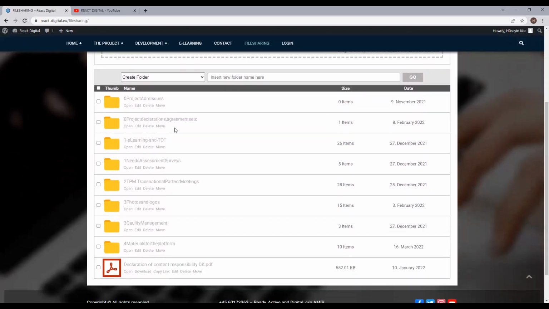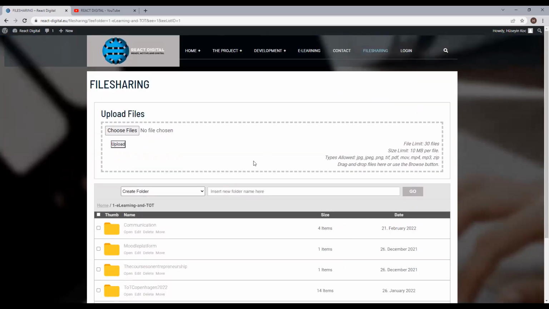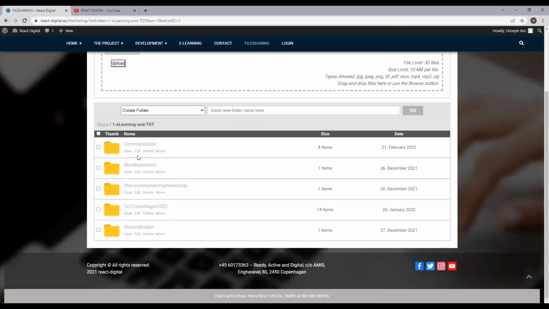If you take the ToT, you will see it's like a folder, four folders of the themes, so we put in there what is, and then all the administrative things about the list of participants. So we can work directly there.